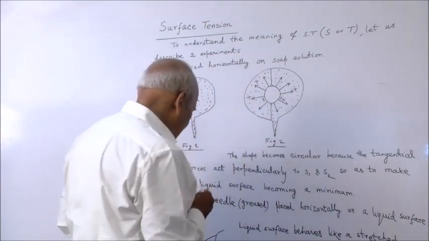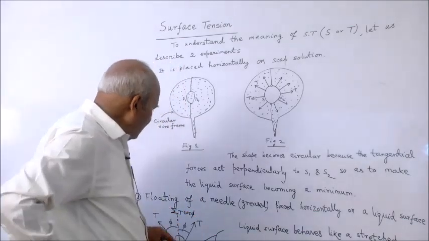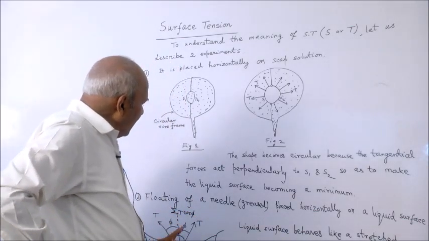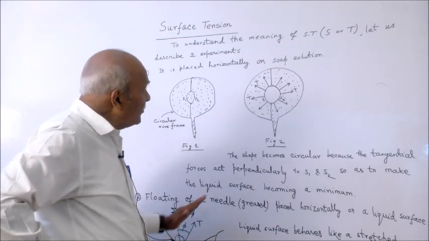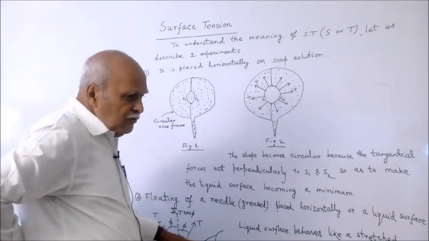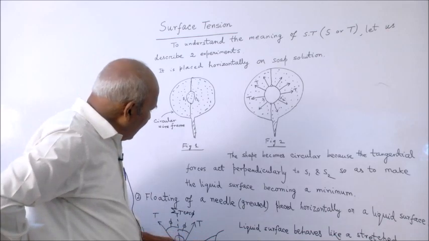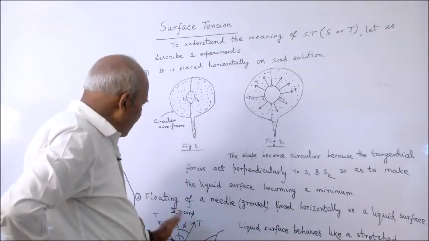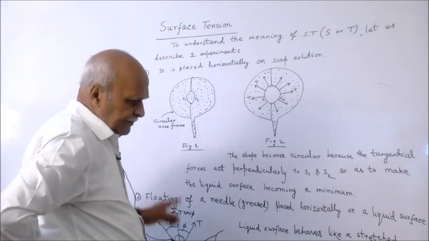Like a stressed membrane. As a result, the needle gets depressed a little, and the forces of surface tension, which are usually horizontal, parallel to the surface of the liquid, act upwards, making an angle phi with the vertical.